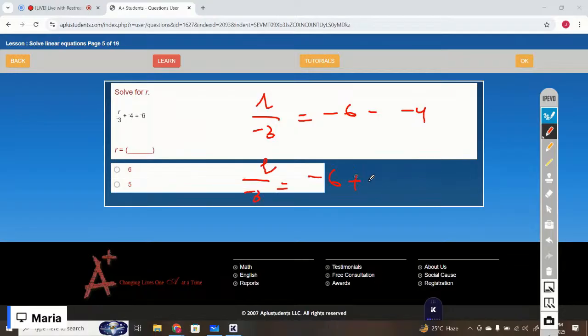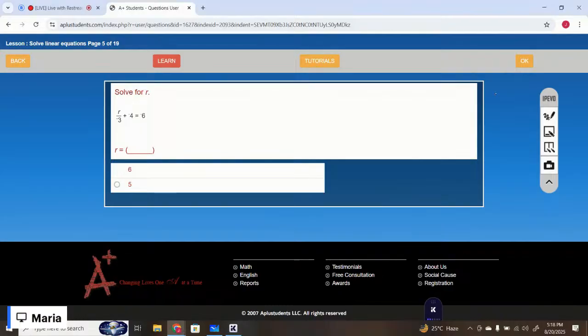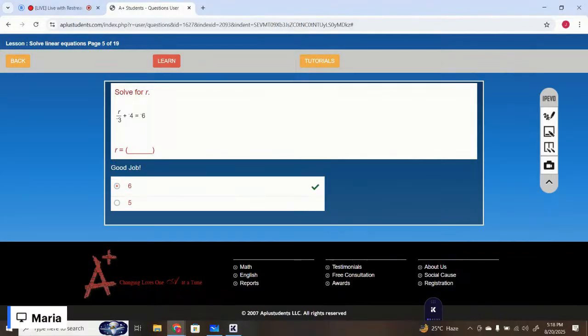That is negative 6 plus 4. r equals 6. Option number 1 is the correct option.